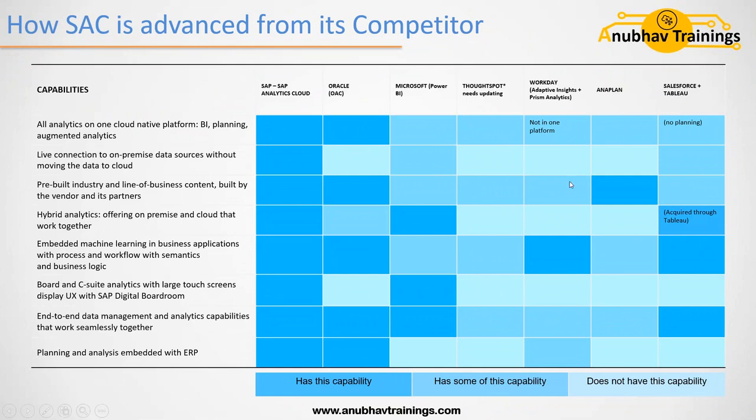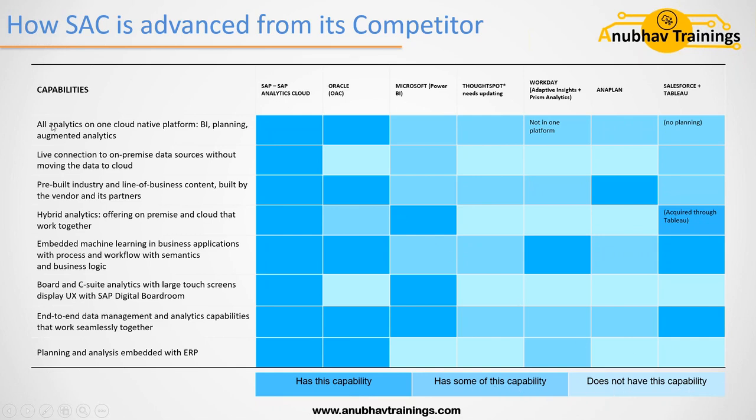You see this different coloring, and guys, this is built by SAP Analytics Cloud only. This is actually a heat map chart which I built using SAC only. This whole thing. So you see, the darker the color, the higher the capability. So has this capability, has some of this capability, does not have this capability.